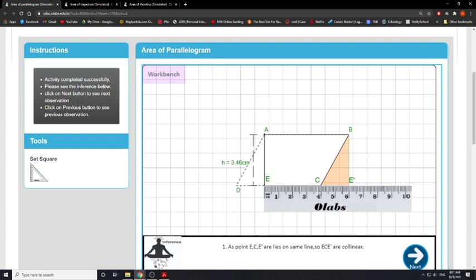The length DC never changes, the length E to new E is the same as the length DC, so it's also still the same length as AB.